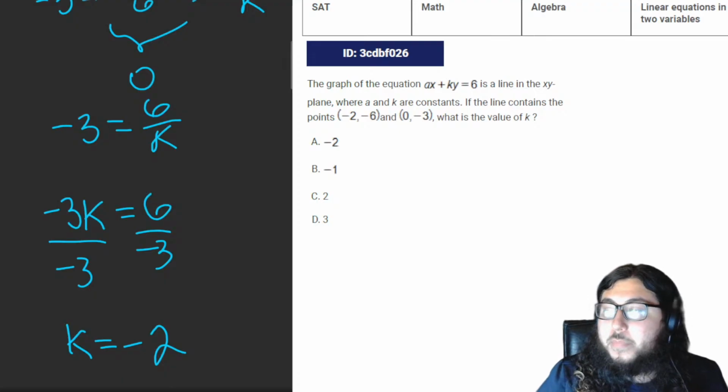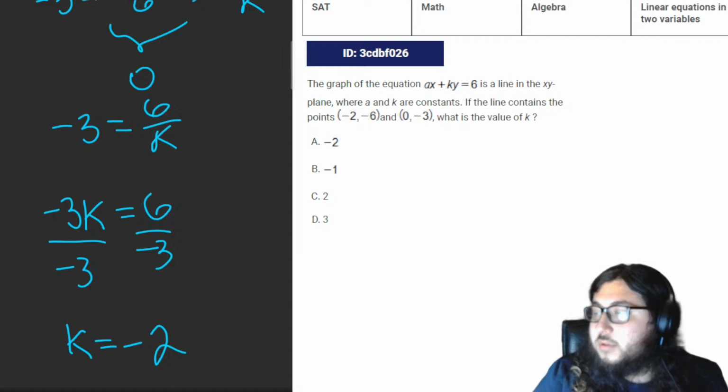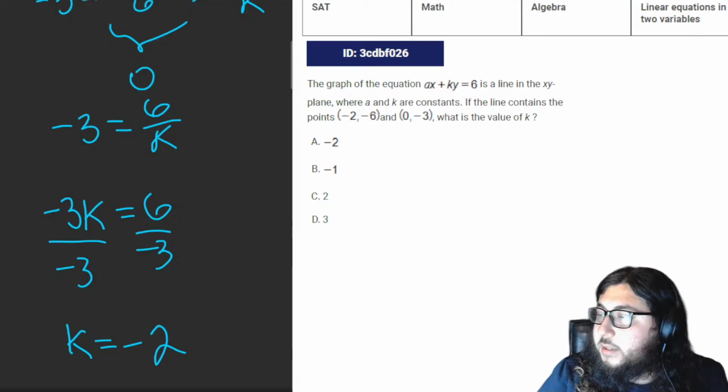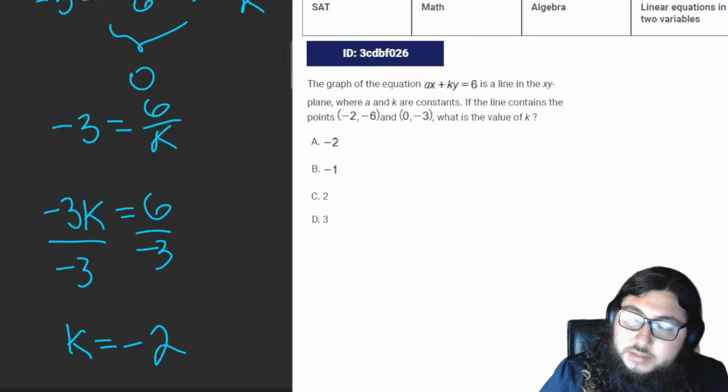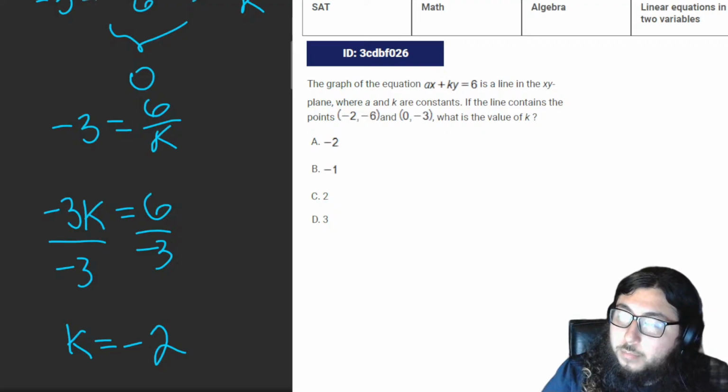So negative 2 would be the correct response in this case. So let's recap. The basic idea is to first put this into slope-intercept form, which is y equals mx plus b. Realize that you can solve for the slope by taking 2 points, doing y2 minus y1 over x2 minus x1.